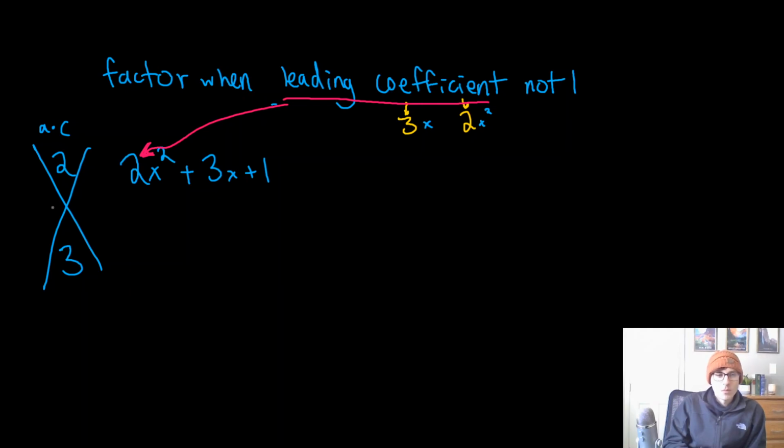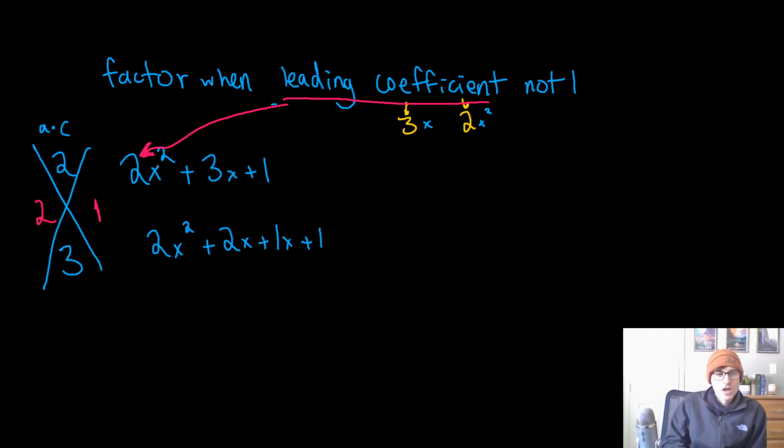So what two numbers, and those are the two numbers that I'm going to put here and here, what two numbers multiply to 2 and add to 3? Well, the only numbers that multiply to 2 are 2 and 1, and 2 plus 1 just happens to add to 3. So then I would go ahead and split this middle term. 2x squared plus 2x plus 1x plus 1, and that's it, right?